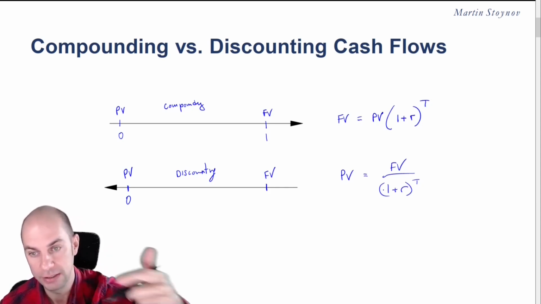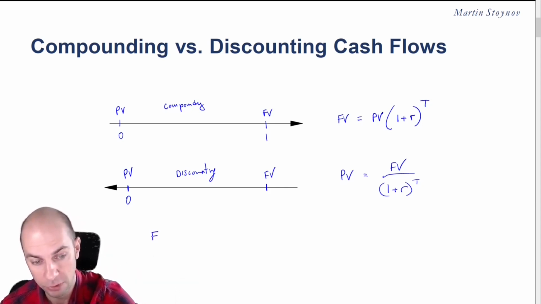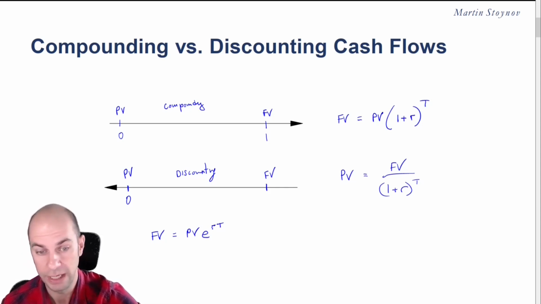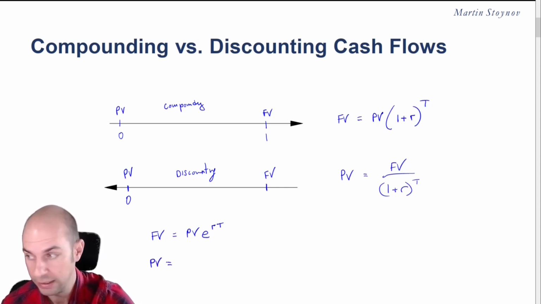We need you again, so we compound to the future value by taking the present value and multiplying by e to the power of RT, where R is our continuously compounding risk-free rate and T is our time to maturity. And if I wanted to discount, I take the future value and multiply that by e to the power of minus RT.